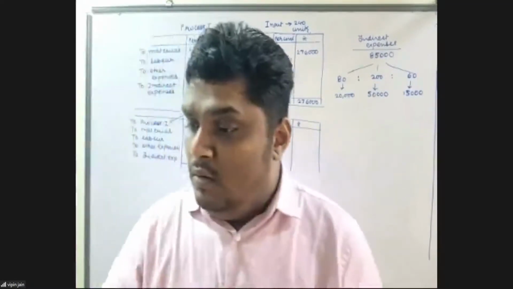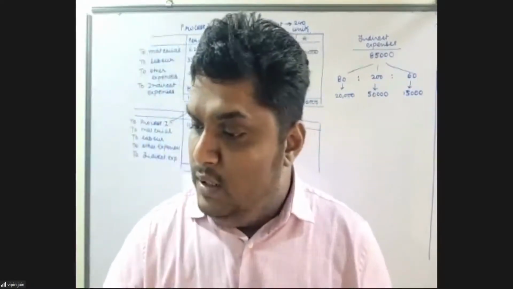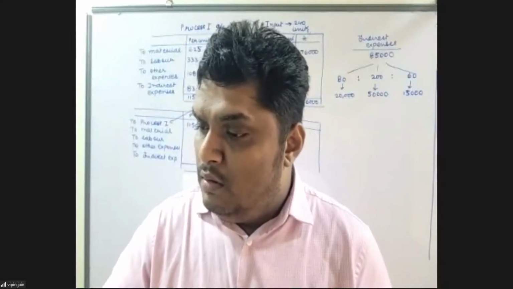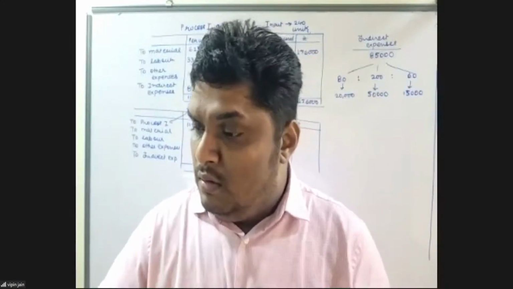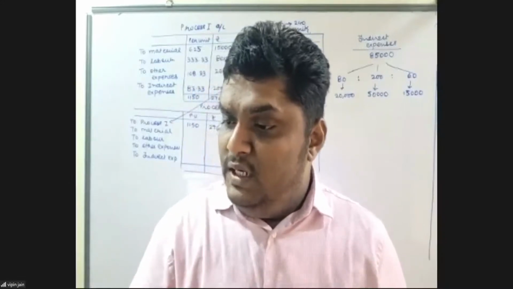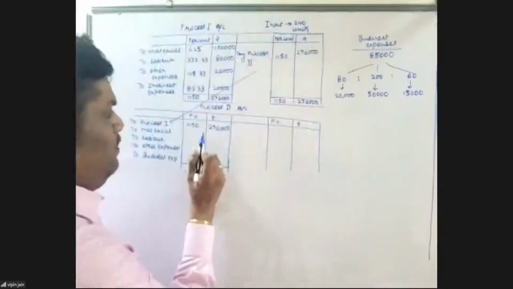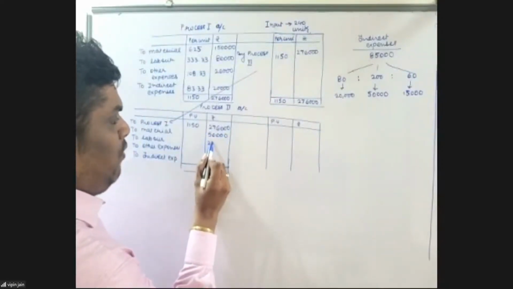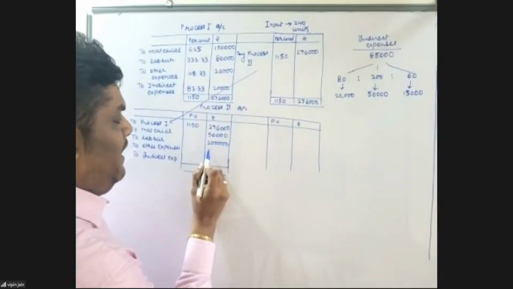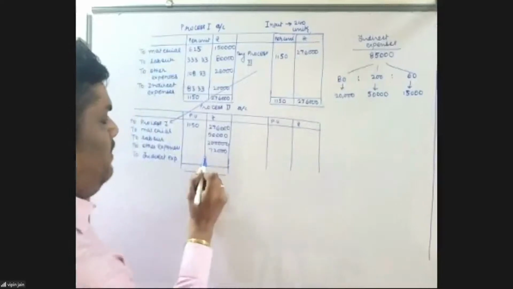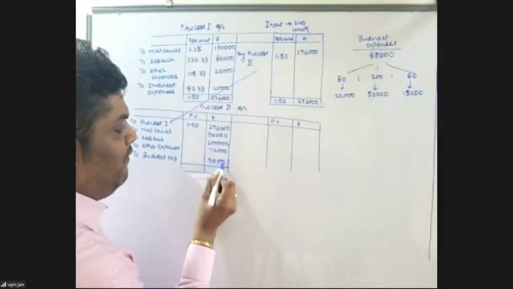Further, when talking about material, the material cost is 50,000, 2 lakh, 72,000 and 50,000.